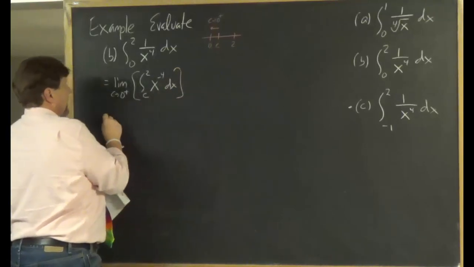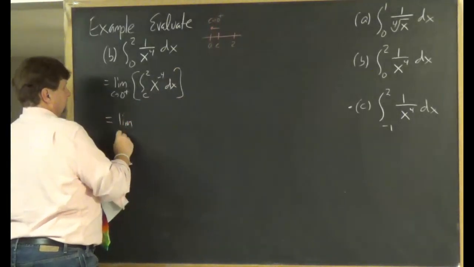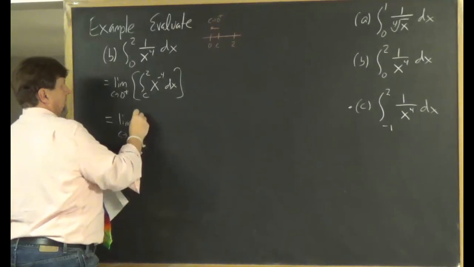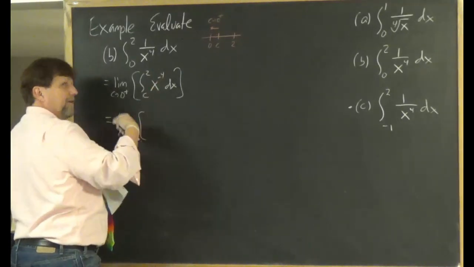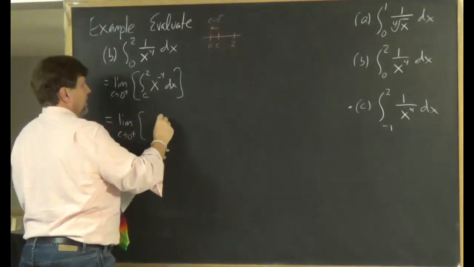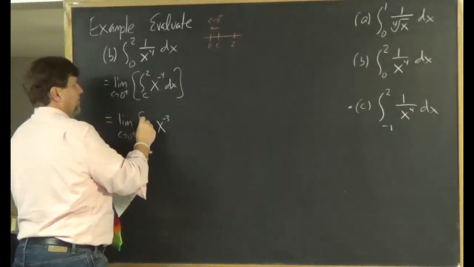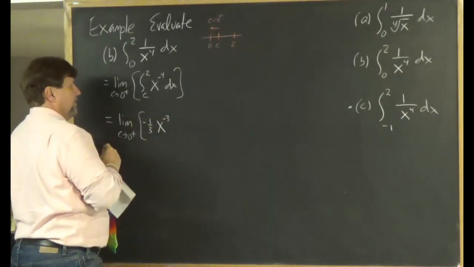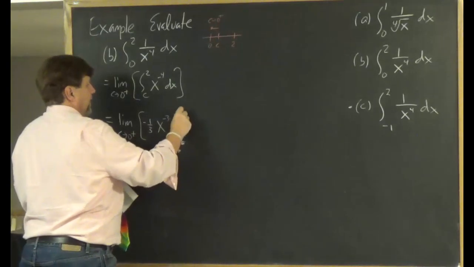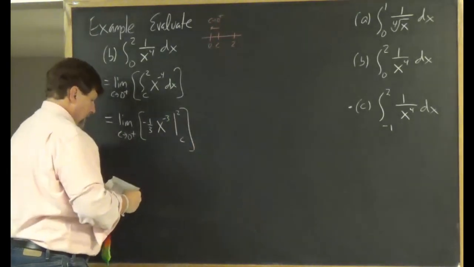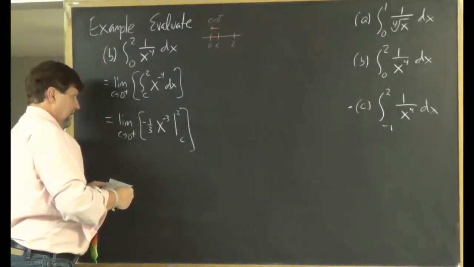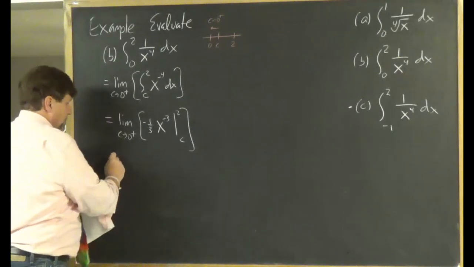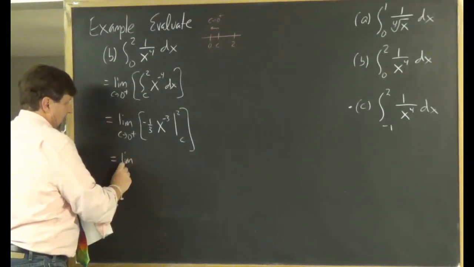Get an antiderivative. For the antiderivative, I'd add 1 to the exponent, and the multiplier out front is the reciprocal. Evaluate that from c to 2. And I'll put in one more step, which just kind of helps me.